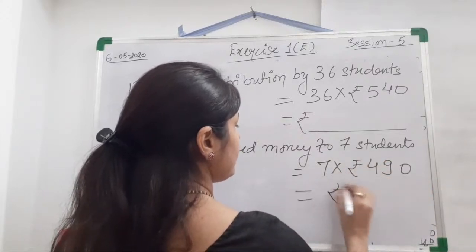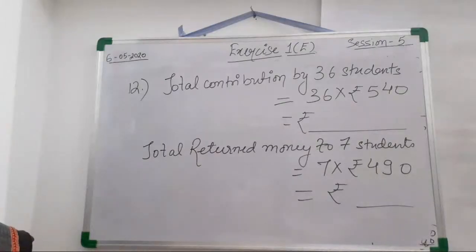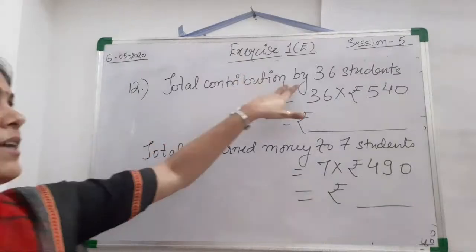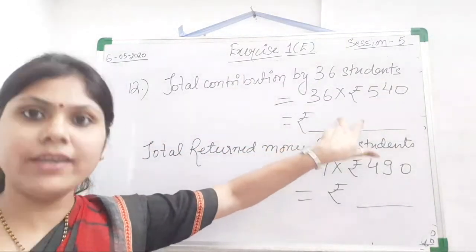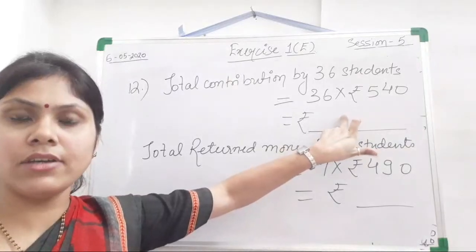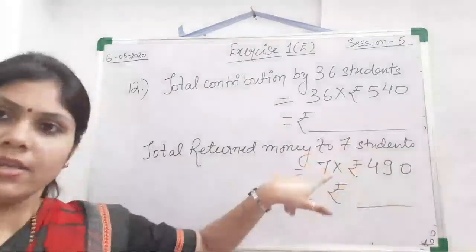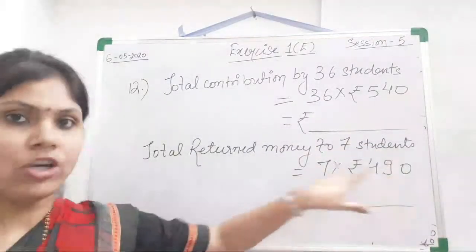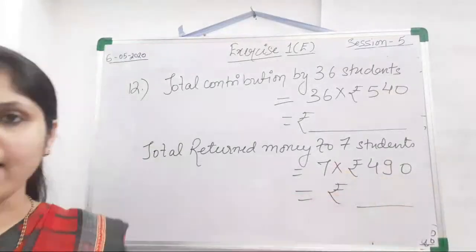You will get the answer. Total contribution by 36 students, 36 into rupees 540, multiply it and write the answer here. Now total returned money to 7 students, because each is getting rupees 490, the total money will be 7 into rupees 490, and find the answer.